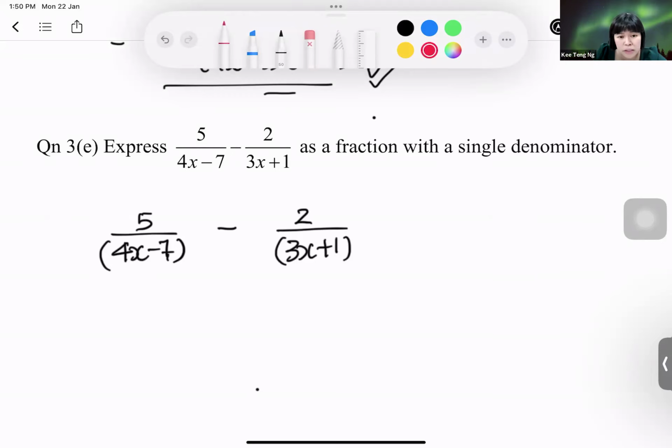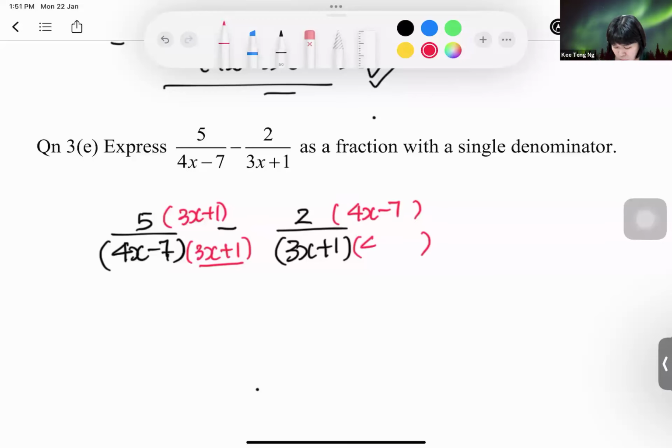So first step, I need to make them the same denominator. I need to multiply something here, multiply something here. What do I need to multiply here? This is 3x plus 1, 3x plus 1. And this is 4x minus 7, 4x minus 7.